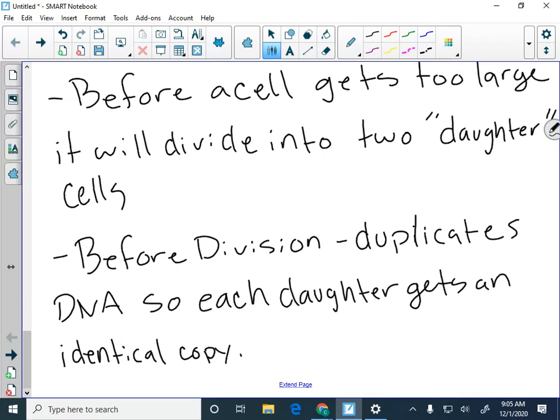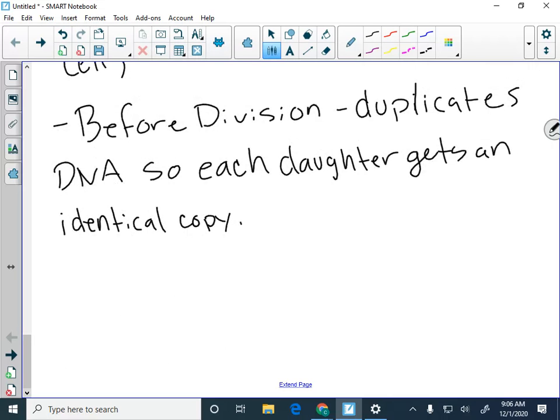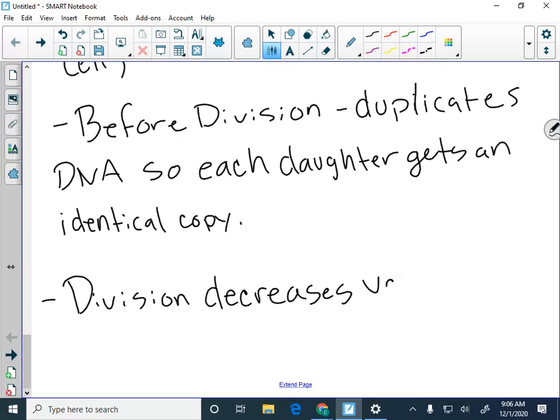So if a yeast cell splits into 2, those 2 yeast cells will have the exact same genetic information as that initial one. Division decreases volume. If I had a cake and I cut it in half, the amount of cake in each half will be smaller than the initial cake.